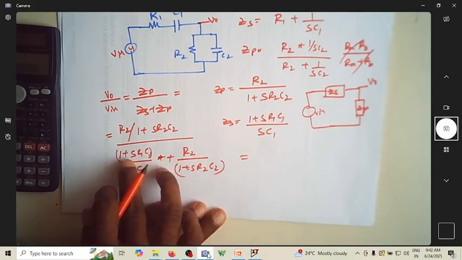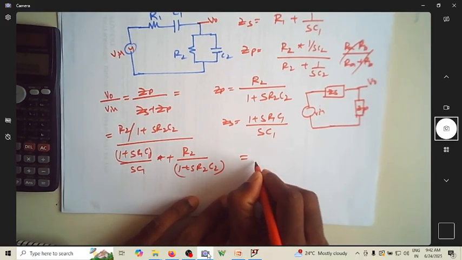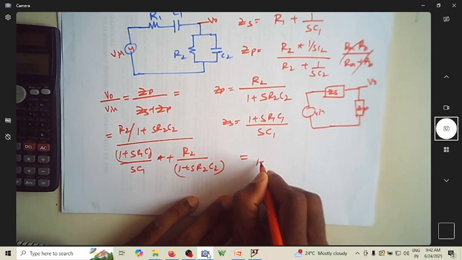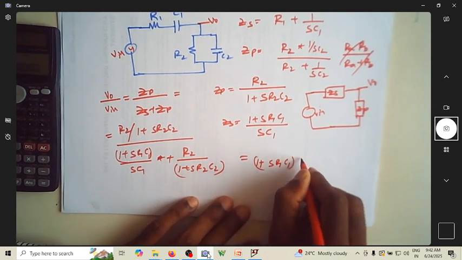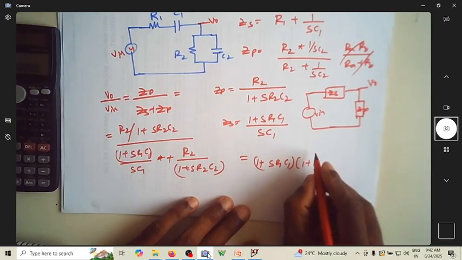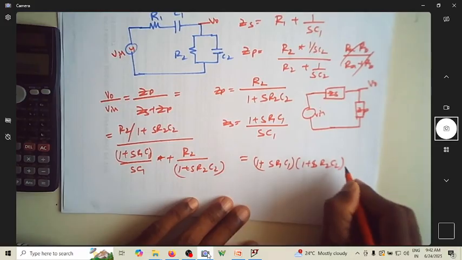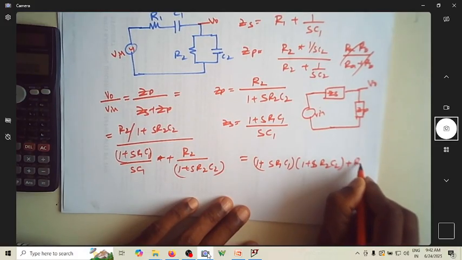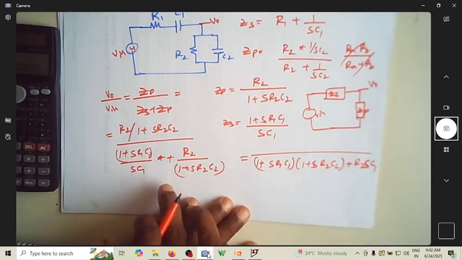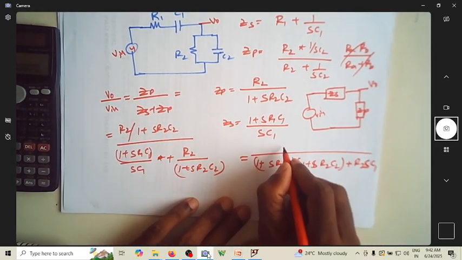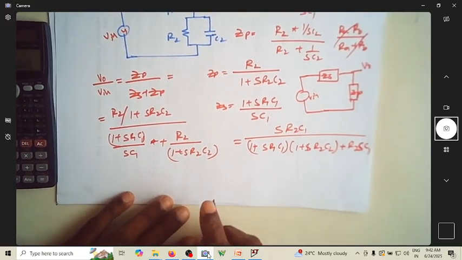So when you simplify, take the LCM and all those stuff, in the denominator it is 1 plus S R1 C1 into 1 plus S R2 C2 plus S R2 C1. In the numerator, this will cancel with this. You'll end up with S R2 C1. Correct?